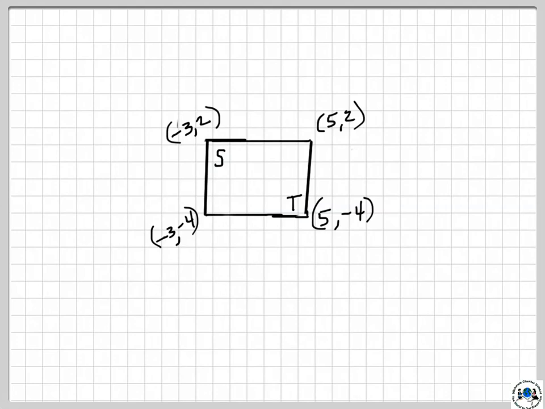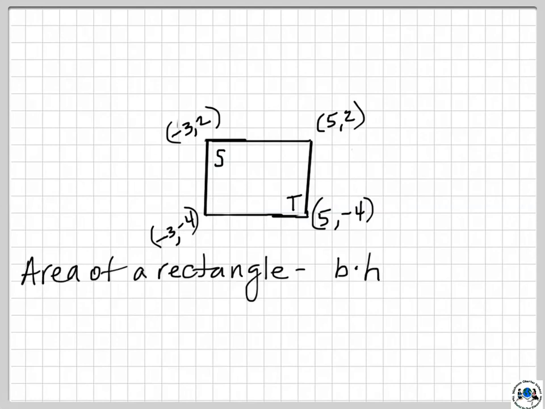I've gone ahead and labeled my vertices, because I'm going to need those to help me figure out my base and my height, because the area of a rectangle equals base times height. So I'm going to need to know those measurements, and these ordered pairs, these points there, are actually going to help me do so.